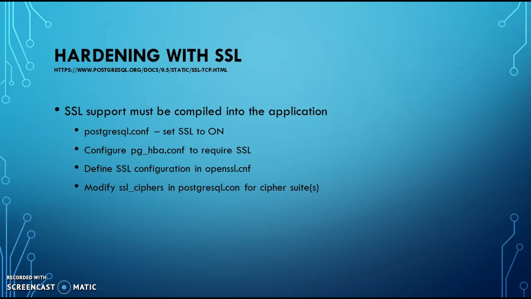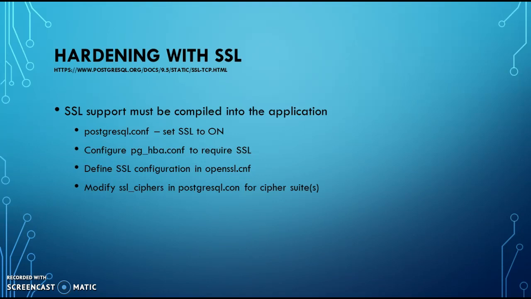Then the Postgres_HBA.conf file. And again, I will show you where the SSL is configured in that. A third file is defined SSL in the OpenSSL.cnf file. Then there's yet a fourth file, SSL_ciphers.